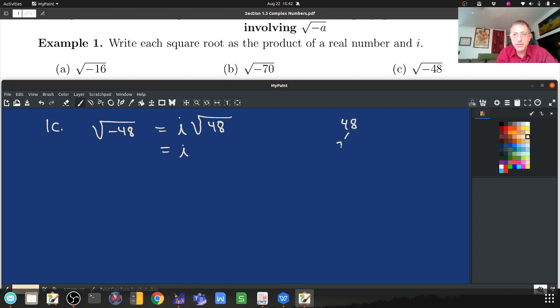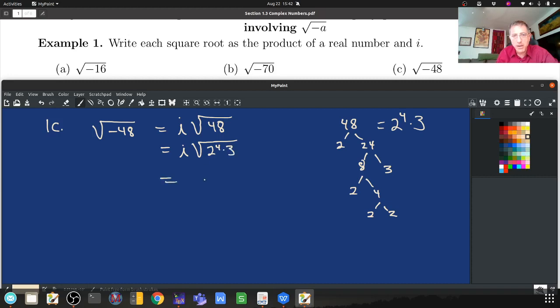Well, 48 is 2 times 24, and 24 is 8 times 3, and 8 is 2 times 4, which is 2 times 2. So this is the same as 2 to the fourth times 3. The square root of 2 to the fourth times 3.